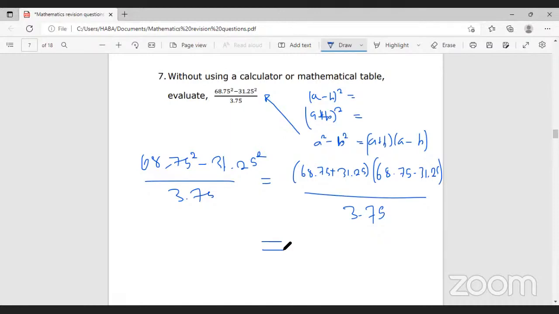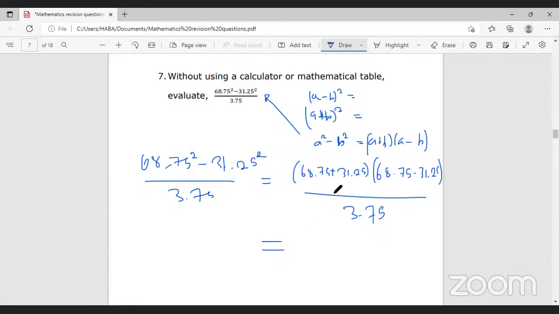So what is 68.75 plus 31.25? But I think even that addition we can do without a calculator, isn't it so? A brief correction: if you're asked not to use calculators or mathematical tables, they mean that with the first step, do not apply it.